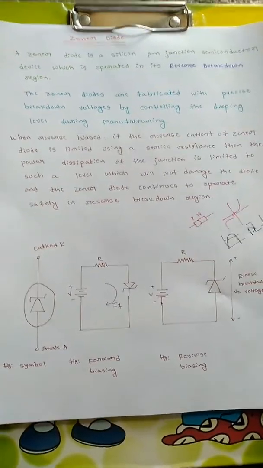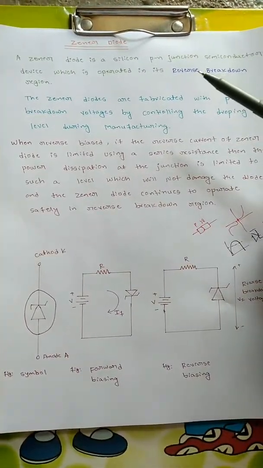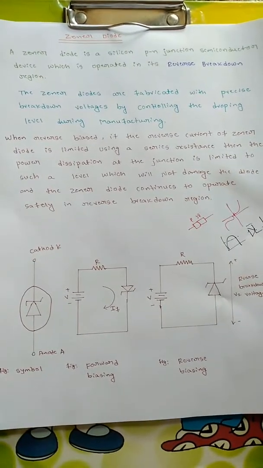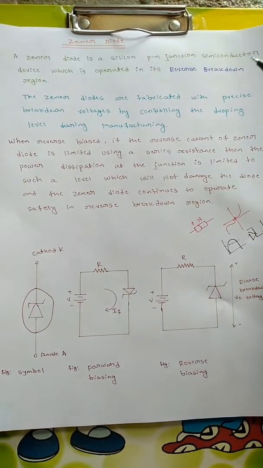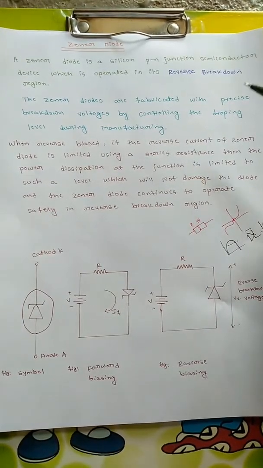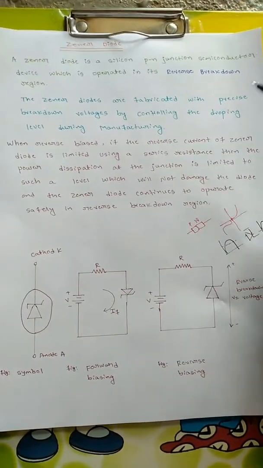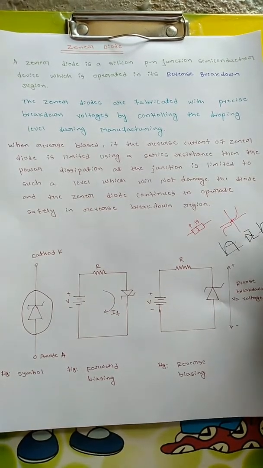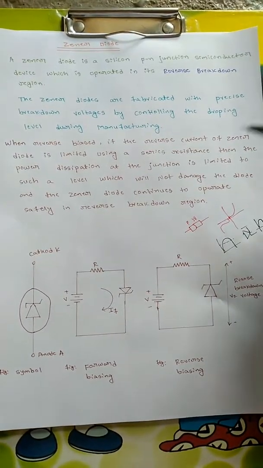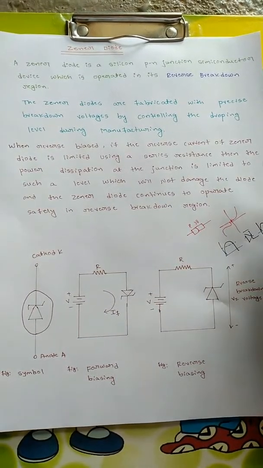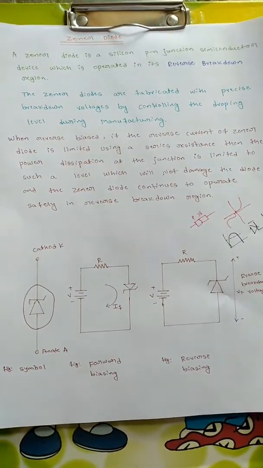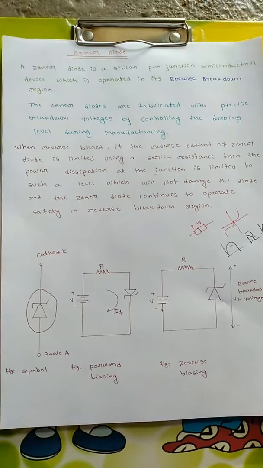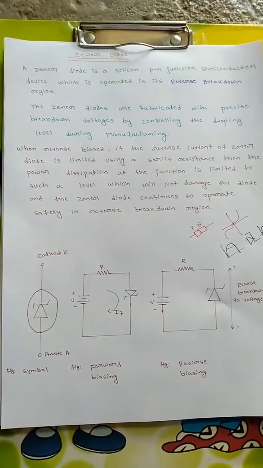Now coming to what a Zener diode is: a Zener diode is a silicon PN junction semiconductor device which is operated in its reverse breakdown region. It is similar to the PN junction diode, with the same P and N regions, but the difference is that the normal PN junction diode is operated in forward characteristics, whereas the Zener diode is operated in its reverse voltage condition.